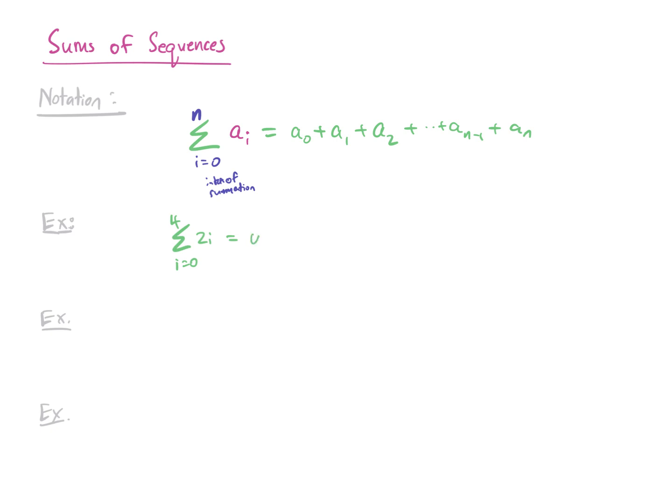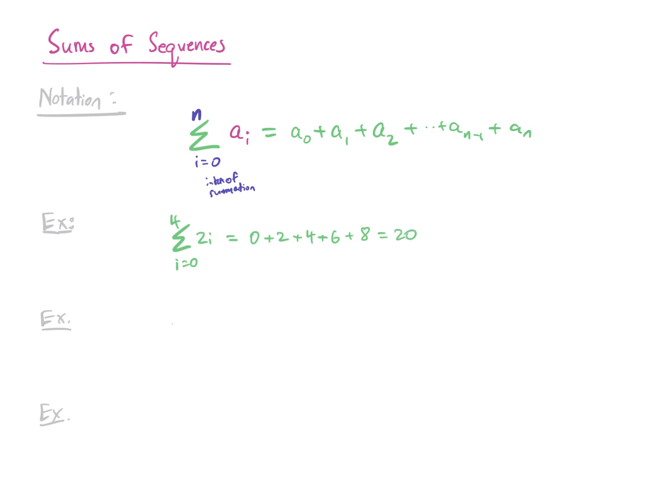So I'm going to get 0 for the first one, and then i equals 1 is going to give me 2. Then i equals 2 is going to give me 4, i equals 3 is going to give me 6, i equals 4 is going to give me 8, and then I'm done because I've reached the upper limit of the index of summation. And so my result here for this sum is 20.